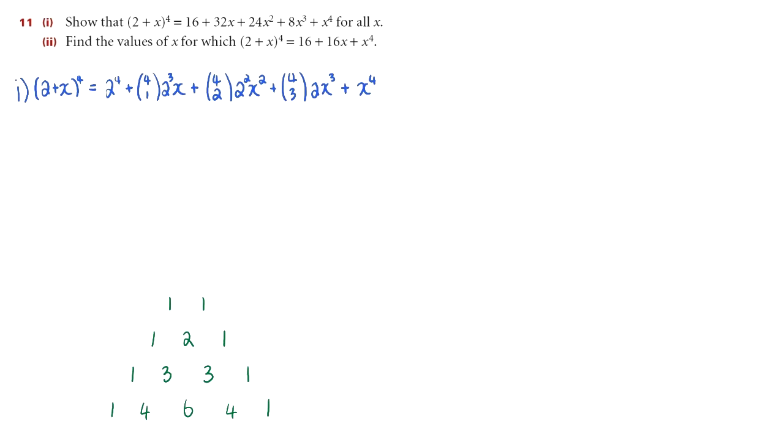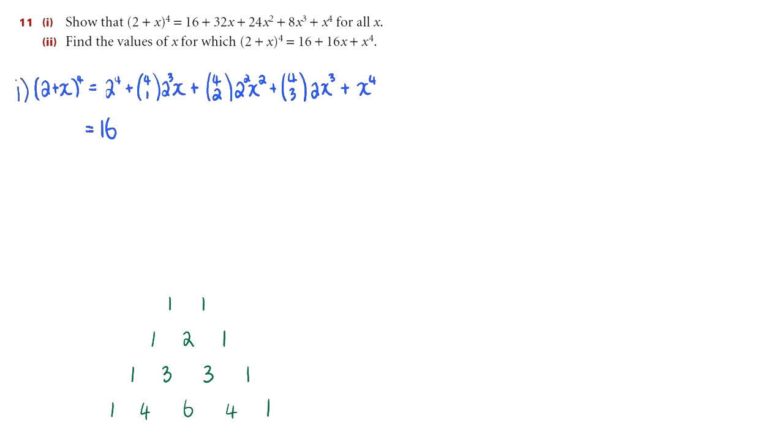We know that 4C1 is the second number in that row, so it's 4. Then 4C2 is the next number, which is 6. 4C3 is the next number, which is back to 4. And 4C4, if we used it, would be 1, but the end numbers are always 1 and we don't need to write them because 1 times anything is just itself.